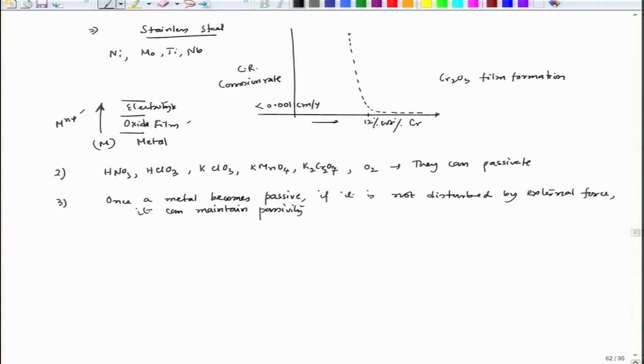So, I mean to say that, for example, the classic example is in case of Faraday's experiment. Once we dip it in concentrated nitric acid and we see that the passivation appears, and then we take that particular iron object into a dilute solution, corrosion rate is negligible. So, it maintains passivity, and it will maintain passivity if we do not scratch it.